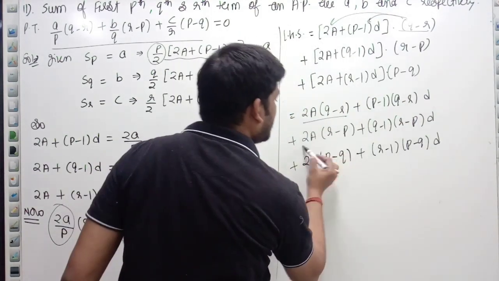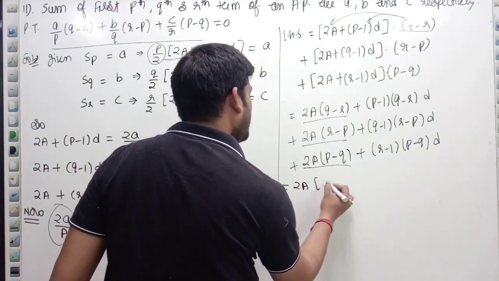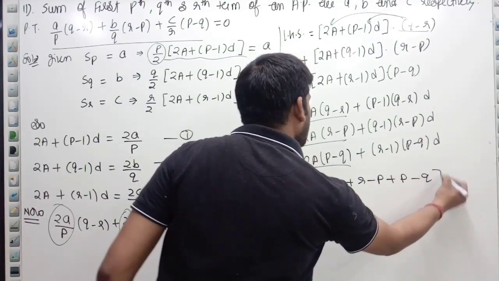Now in these three terms, if I take 2a common, what I will get? q minus r plus r minus p plus p minus q.